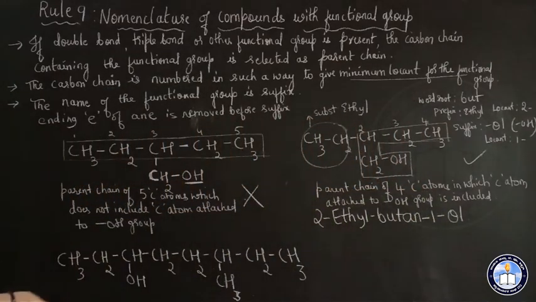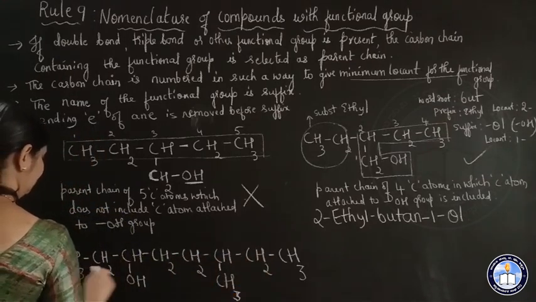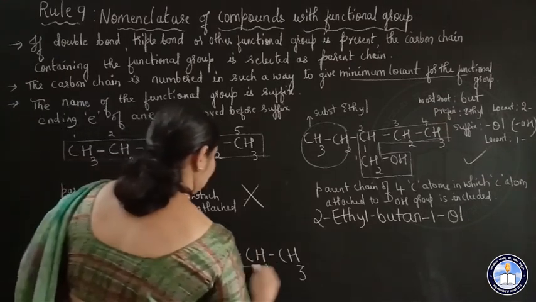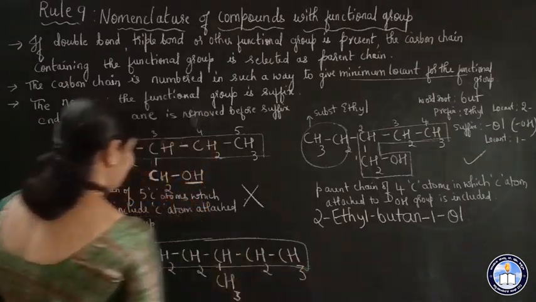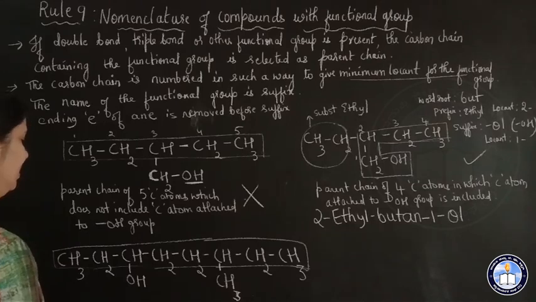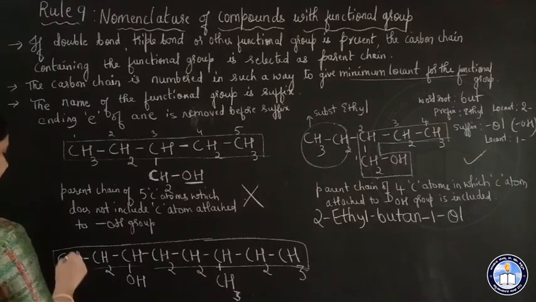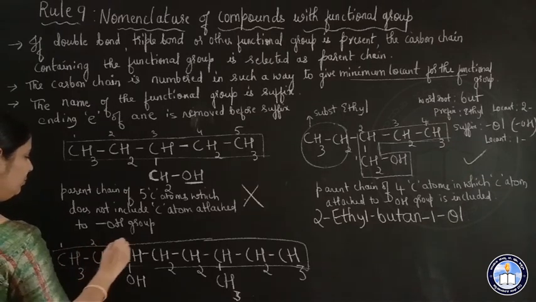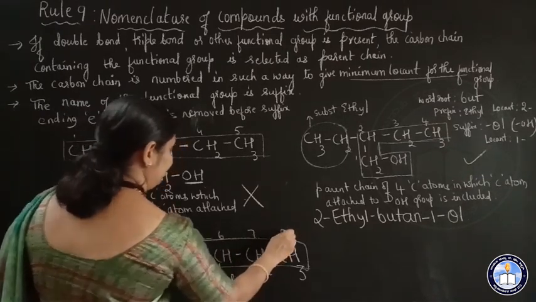Now next here, this is the parent chain. Now see how you have to number this parent chain. If you see 1, 2, 3, 4, 5, 6, 7, 8.